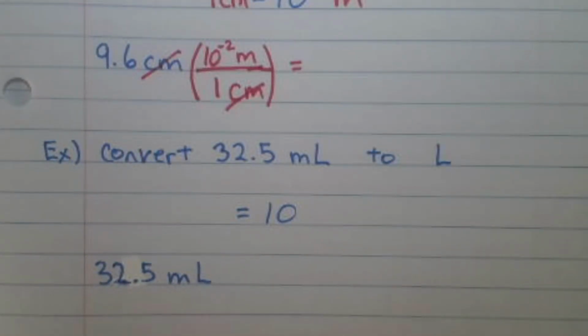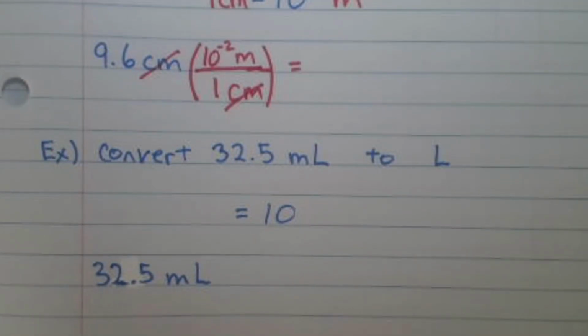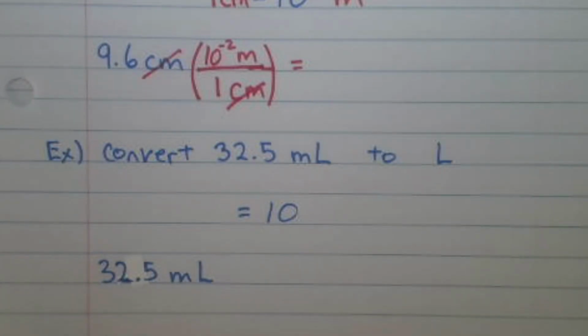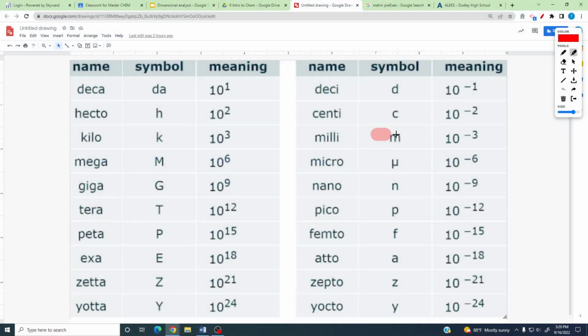Okay, next we want to convert 32.5 milliliters to liters. So we look at our conversion chart. We're going from milliliters to liters. So milli is right here. You would say 1 milliliter is equal to 10 to the negative 3rd liters.